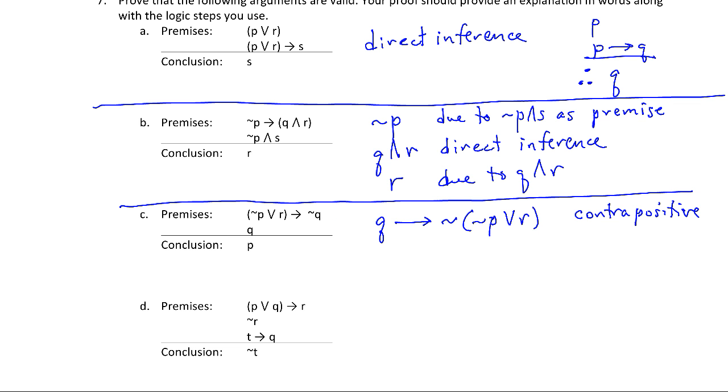Then I'm going to rewrite this contrapositive and say Q implies, now I'm going to apply De Morgan's law to this here, and I'm going to say P and not R. This is De Morgan's. I think I'm supposed to use a capital D, E. Now I can conclude, because I have both Q as a premise and I have Q implies P and not R, I can conclude P and not R due to direct inference.